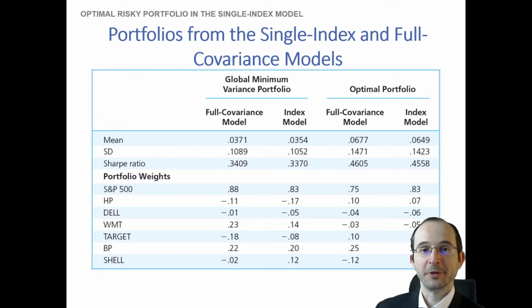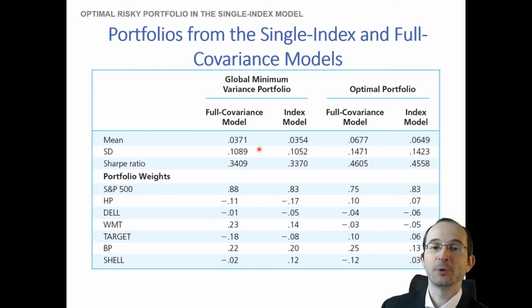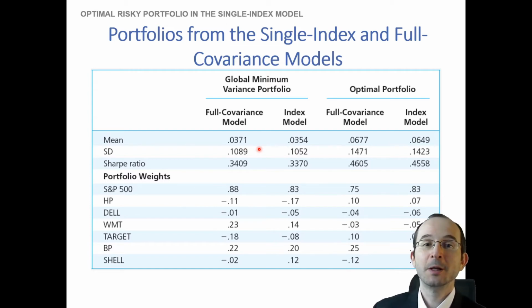If we look at the portfolios that we actually get from following the single index model or the covariance model, we can see that the optimal portfolios have similar means, similar standard deviations, similar Sharpe ratios, and the global minimum variance portfolios, which, remember, we would estimate by just trying to minimize portfolio variance in terms of total risk, which we can also do in the single index model world because we have that expression for portfolio variance.